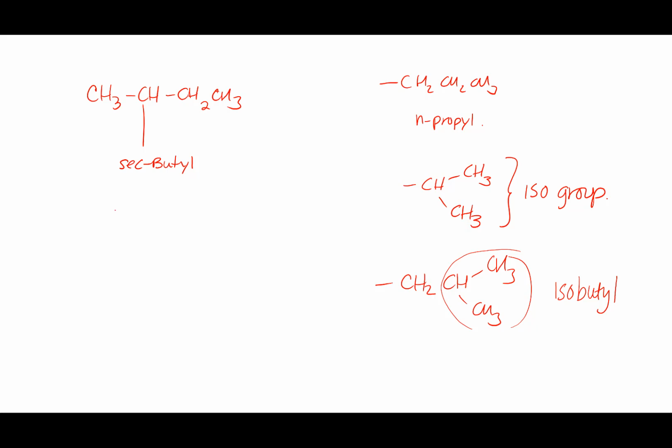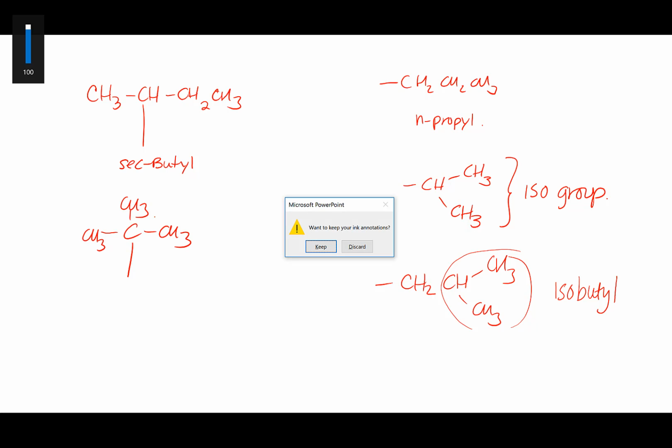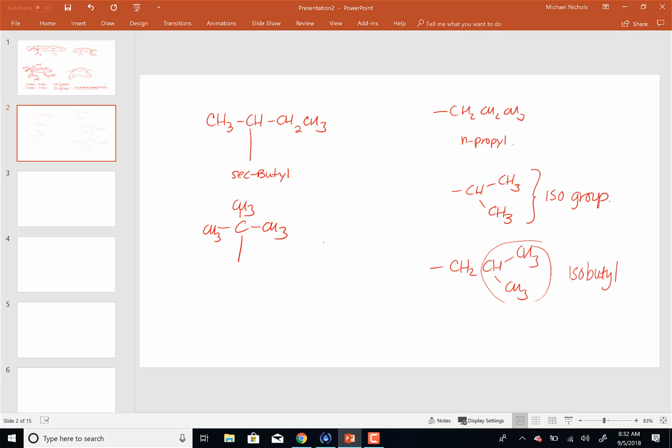A tertiary butyl group would be a butyl group where the attachment point is a tertiary carbon.